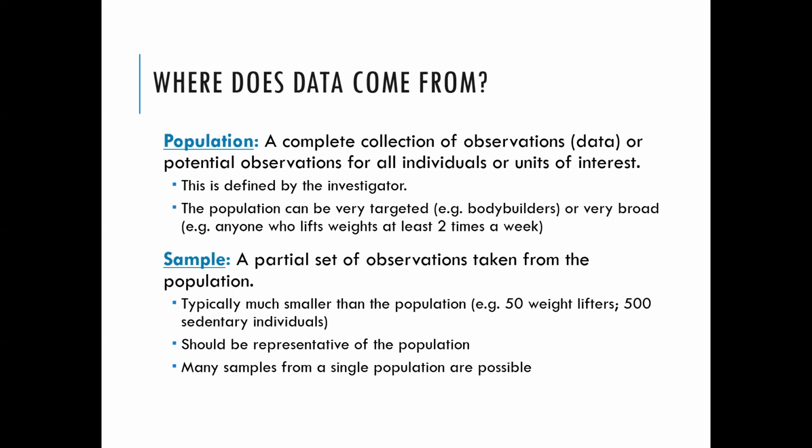For example, a study might include a sample of 50 weightlifters, and then as a comparison group, we might also include a sample of 500 sedentary individuals. Our sample ideally is representative of the entire population of interest. It's not always the case, but that is ideal. And then many samples can be taken from a single population.